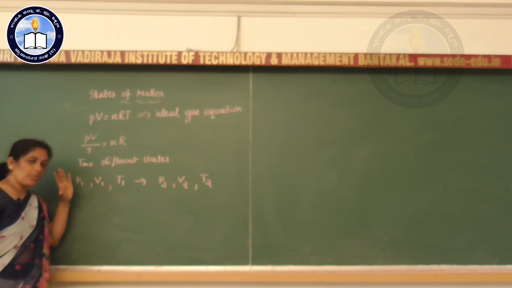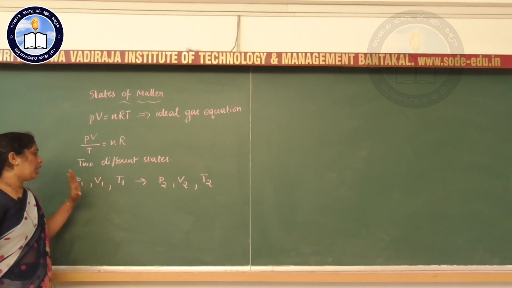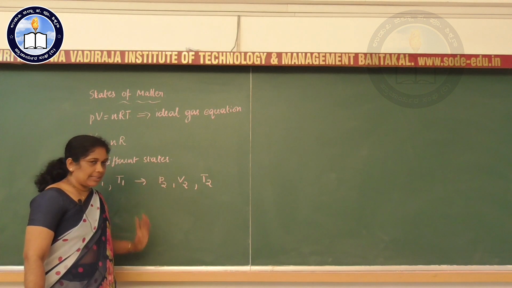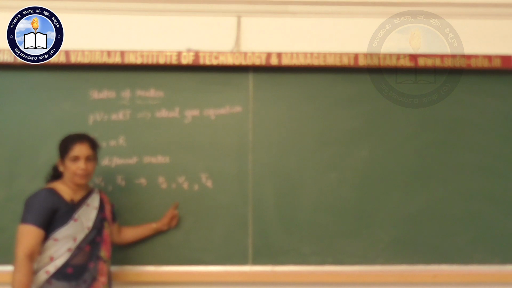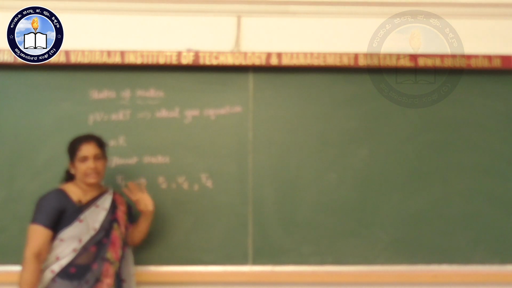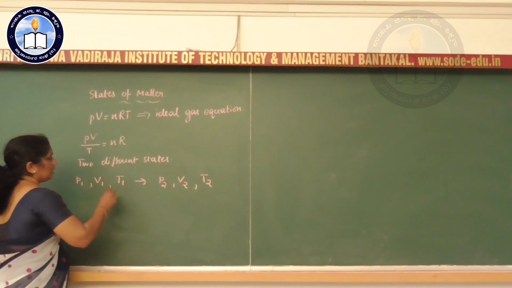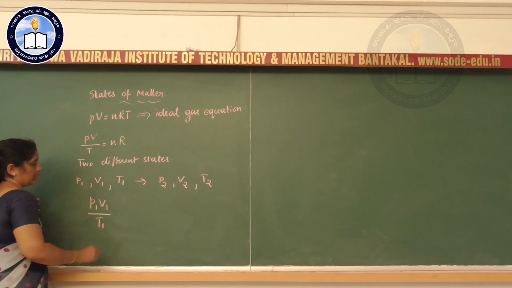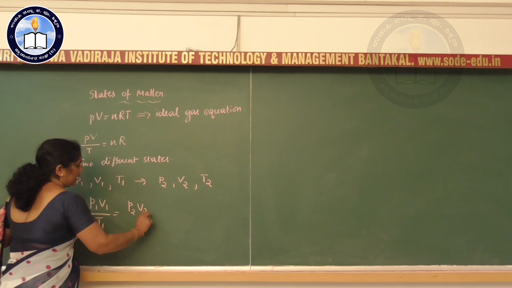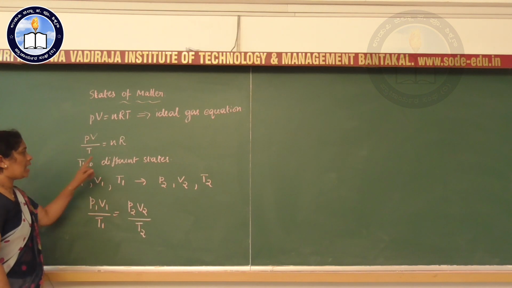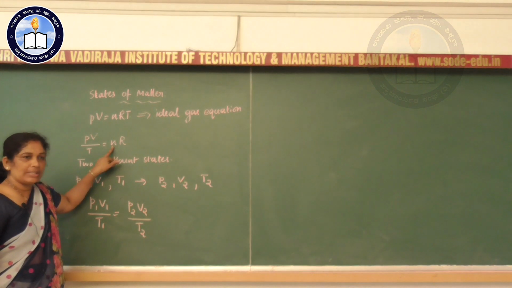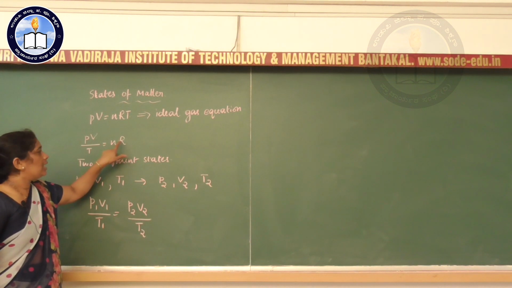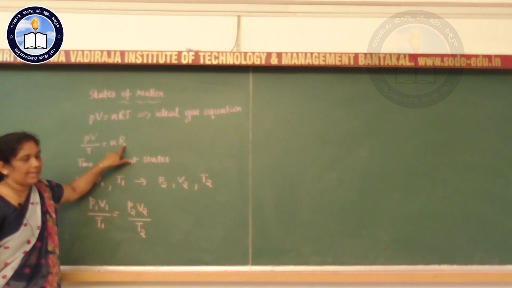Once again, in one state, pressure is P1, volume is V1, temperature is T1. That state is changed in such a way that pressure becomes P2, volume becomes V2 and temperature becomes T2. Now using the ideal gas equation, we can write P1V1 by T1 is equal to P2V2 by T2, because the number of moles is constant when it changes from one state to another, and R is anyhow constant, it is the universal gas constant.